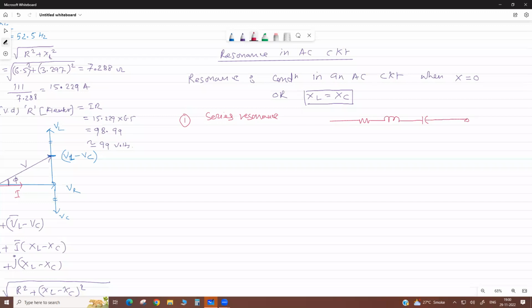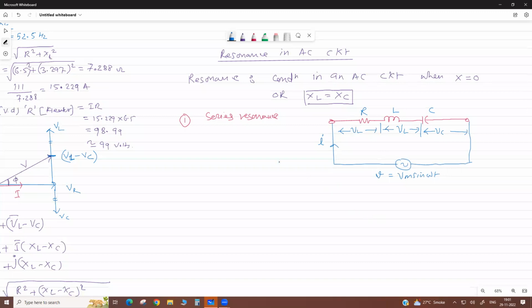Here, when we apply an AC sinusoidal voltage, V equals Vm sin omega t, due to this a current will flow. With this current, there is a drop across R, a drop across L, and a drop across VC also.